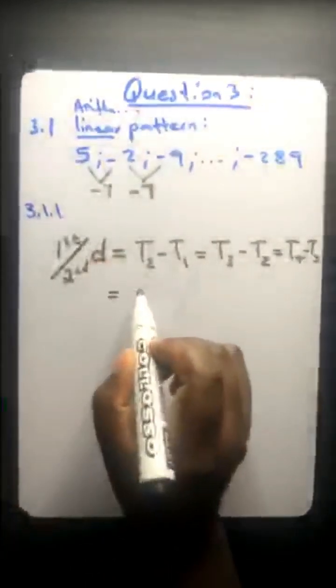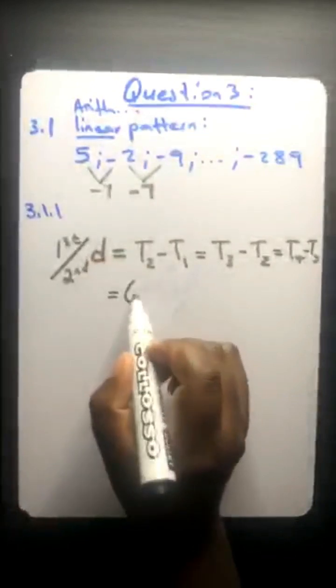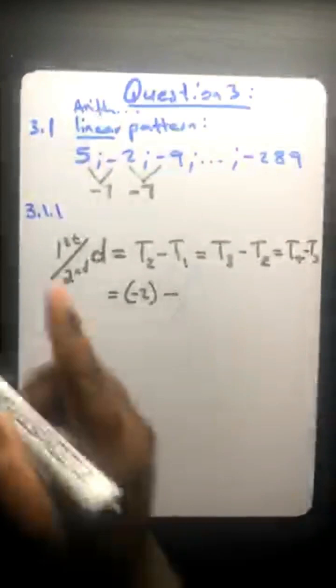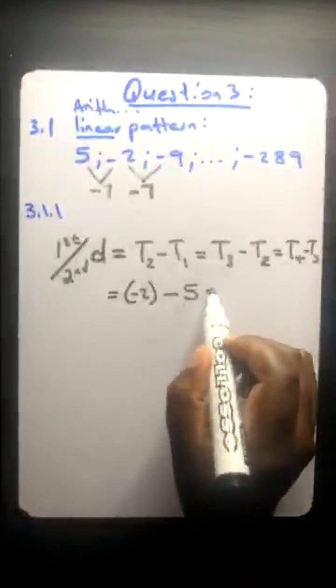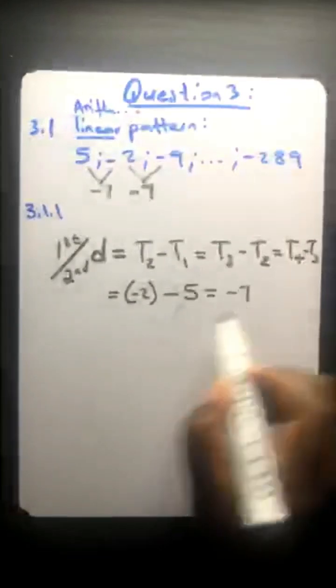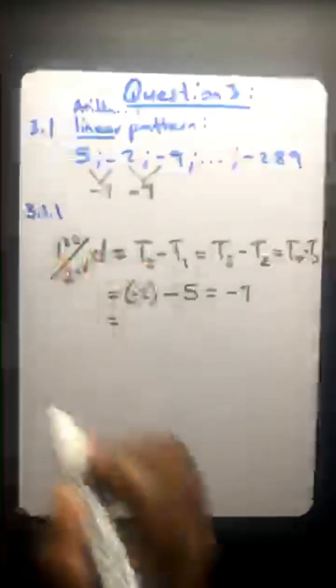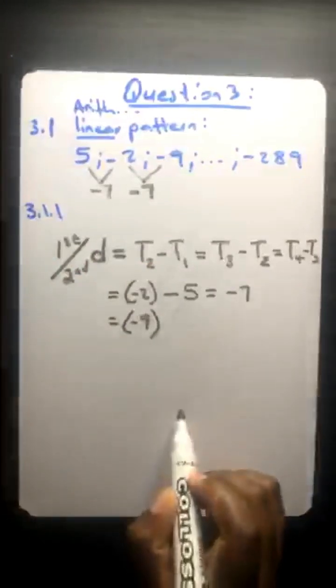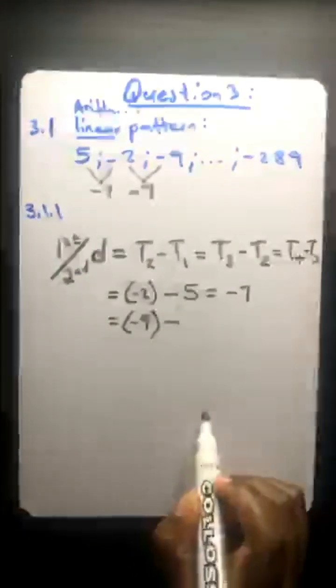Most importantly, you have to say inside the brackets -2. Then you say minus. Can you see that 5 is positive? You are safe to write a positive without the brackets. Then it gives you -7. And for that other one, because it's negative, put it inside the brackets and say minus.